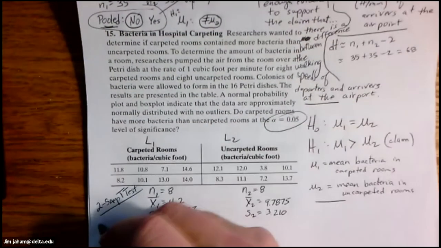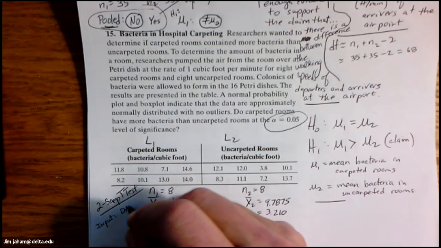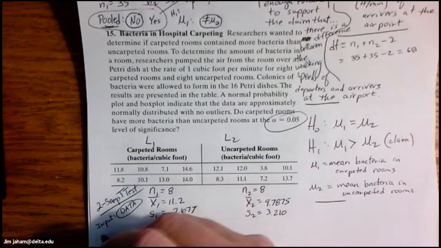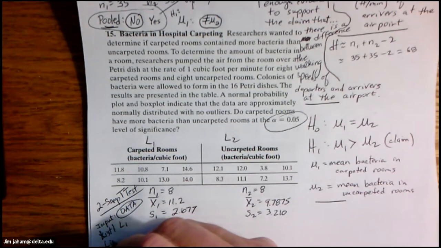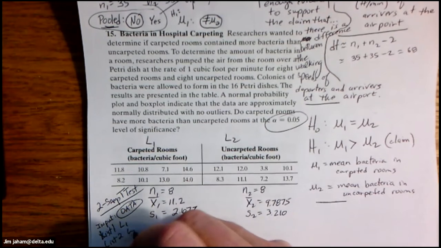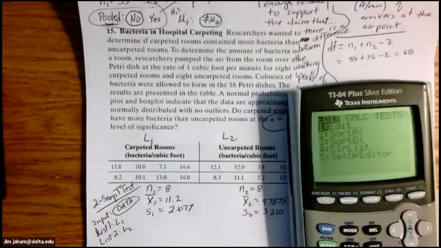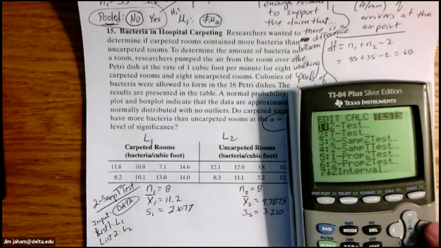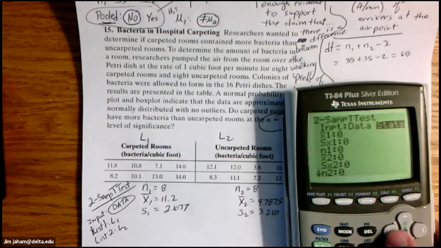And this time, the input is going to be data. You need list 1, L1, and list 2, L2. This is what it looks like. Two sample t-test, command number 4.